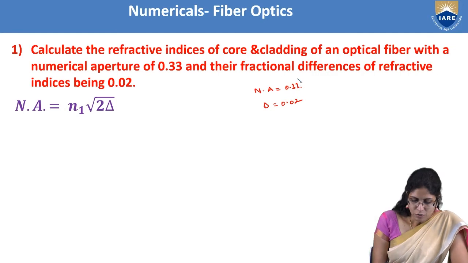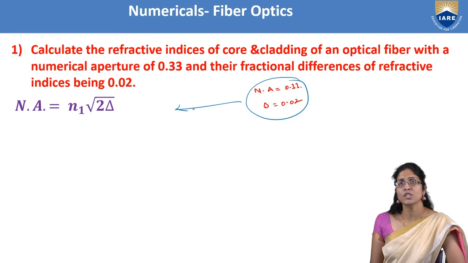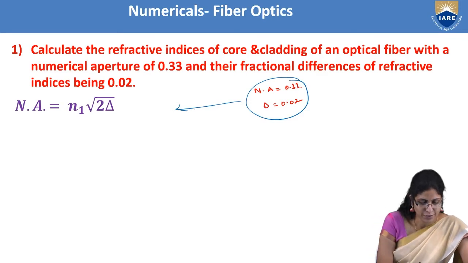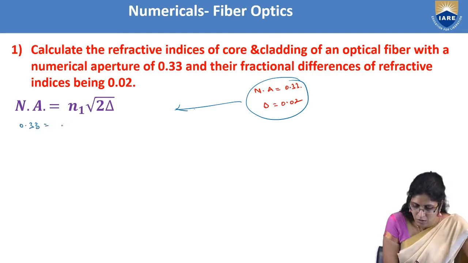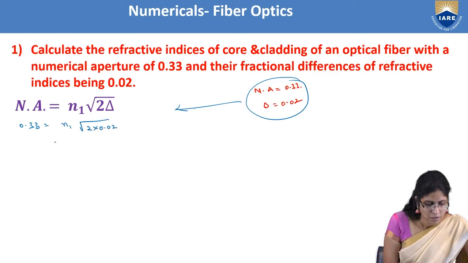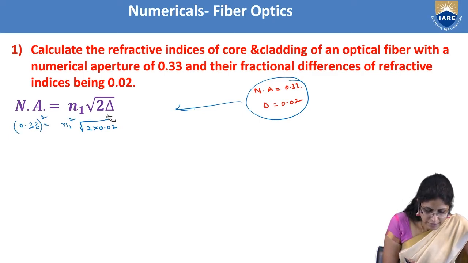If you substitute this in the formula, the relationship between the numerical aperture and the fractional refractive index change, what you get is 0.33 is equal to n1, which you have to find out, into square root of 2 into delta, which is 0.02. So if you square this, you get n1 square, and you can erase the square root.